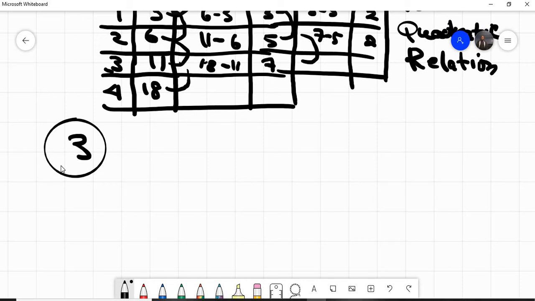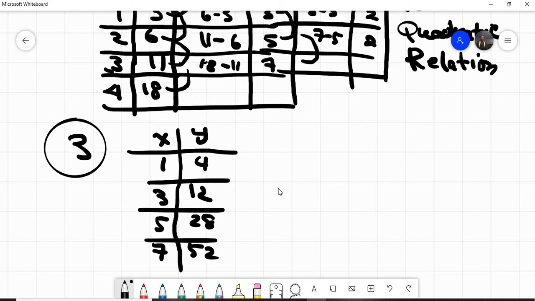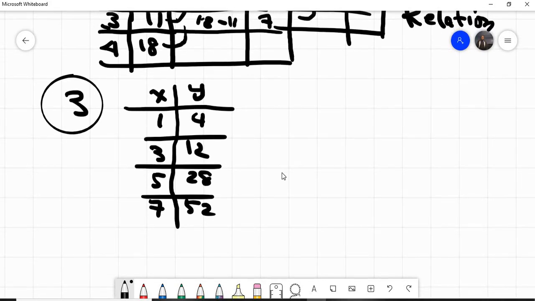The third example says we are given x and y values: 1 and 4, 3 and 12, 5 and 28, 7 and 52, and the last one, 9 and 84.